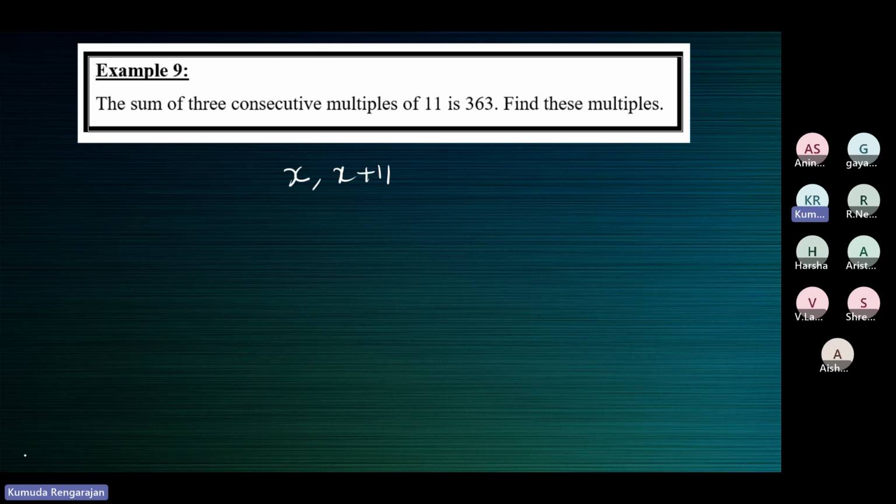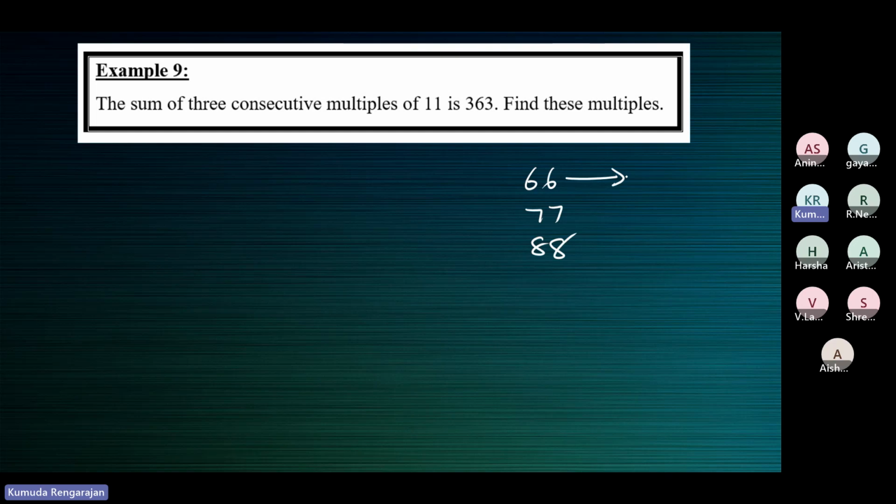Let's write the multiples of 11. Now, for example, 66, 77, and 88. Are these three consecutive multiples of 11? Yes, ma'am. They are three consecutive multiples of 11. Very good.